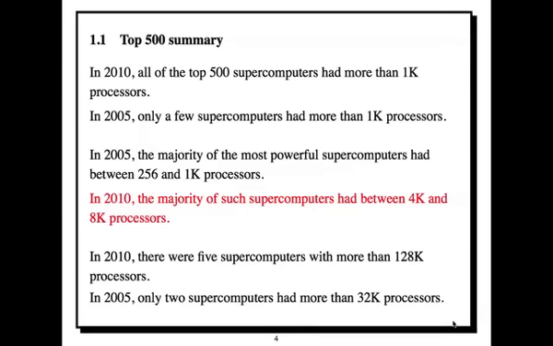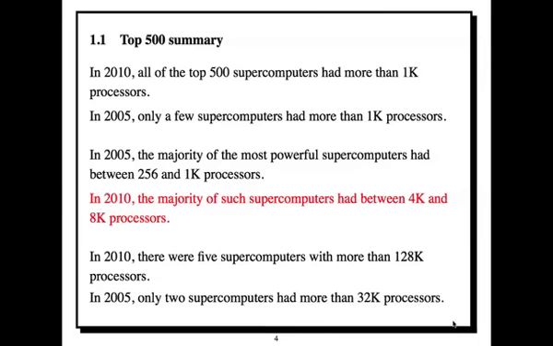Okay, so here's just a summary of that information. All of the Top 500 machines had more than 1,000 processors. Now, you don't always get all processors, so maybe you say I don't need to be shooting for 1,000 processor efficiency here, but the size is just getting bigger.